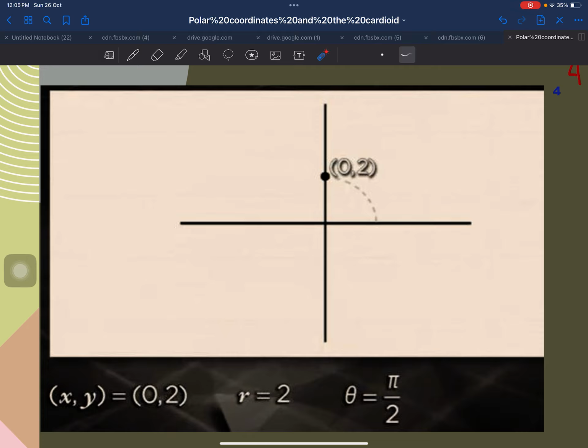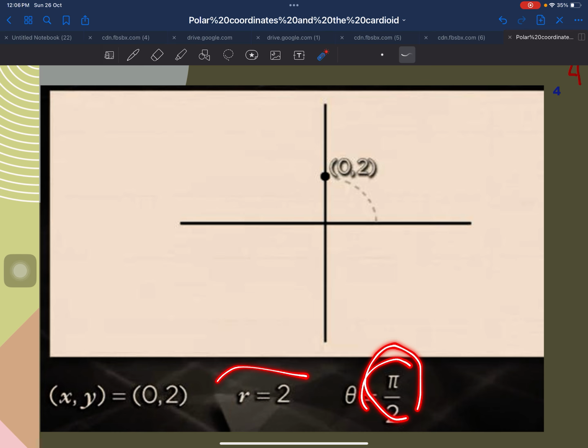Okay, and the angle it makes with respect to the positive x-axis. What angle does it make with the positive x-axis? Right, it's 90 degrees or pi over 2.